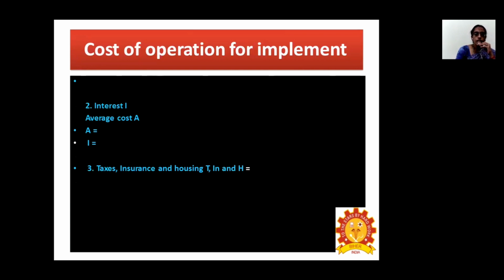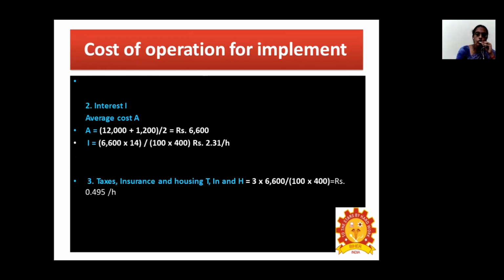Then we have to calculate the interest on investment. They have given the average cost, which will be around 12,000, and the salvage value. If you average these two terms, you can calculate the average cost of the implement, which will be around rupees 6,600.